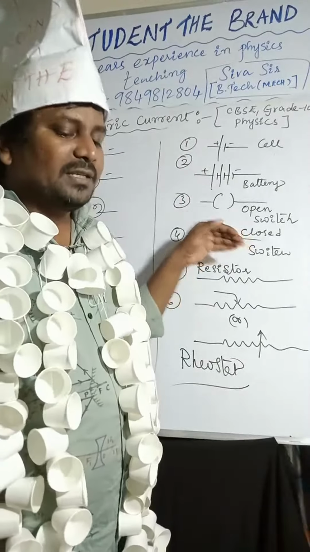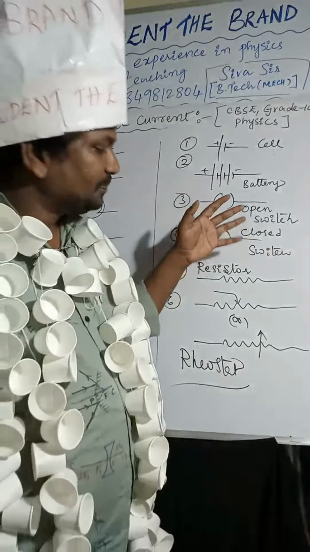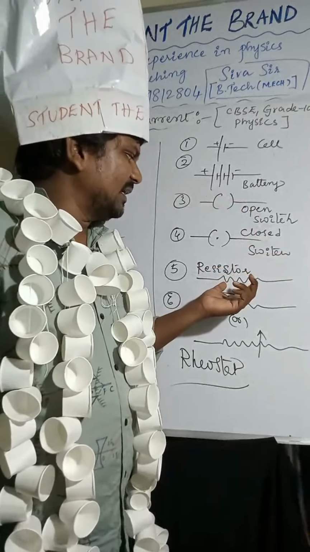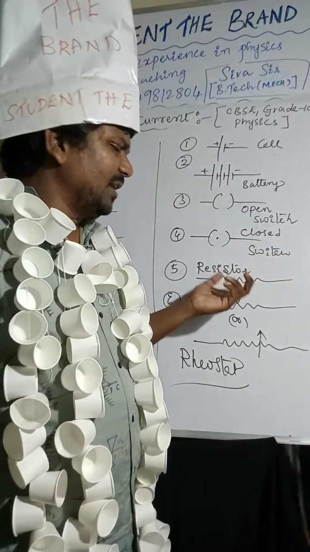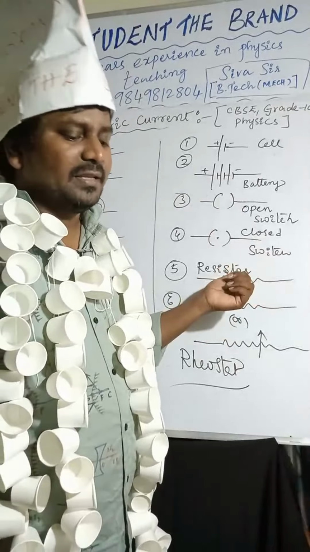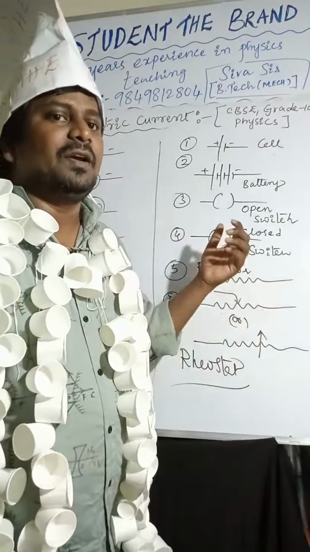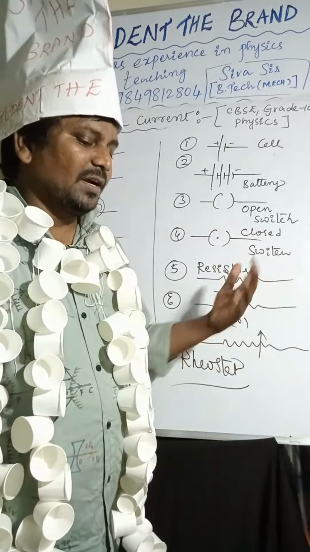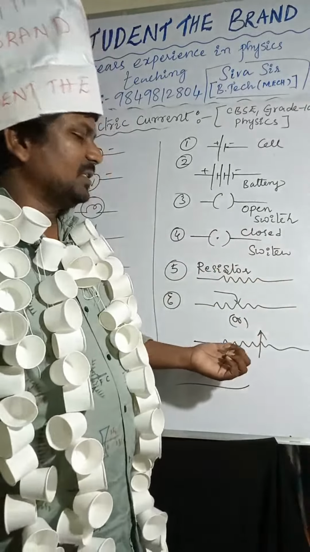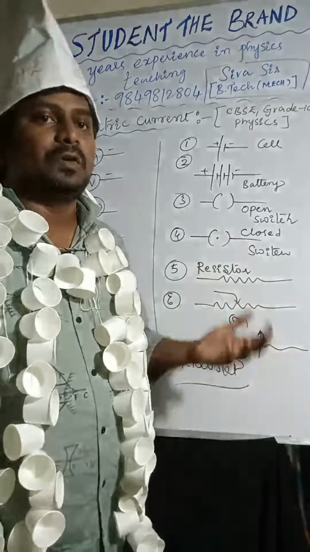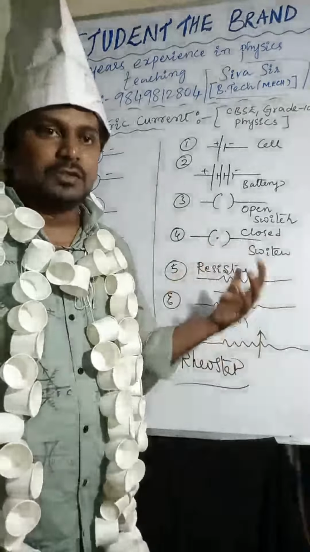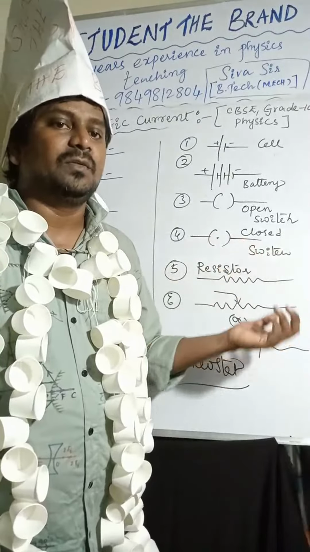A resistor is a device which is used to oppose the electric current in the circuit. Resistance is the phenomenon of opposing the electric current. The SI unit of resistance is ohm. A rheostat is a device which is used to regulate the current without changing the voltage source.